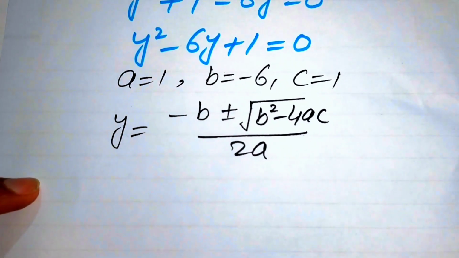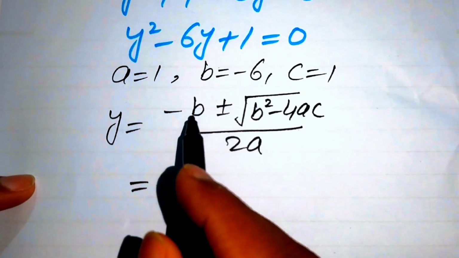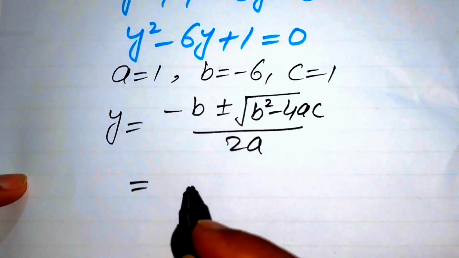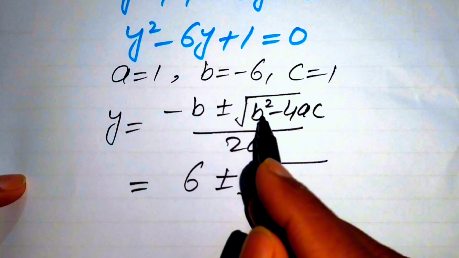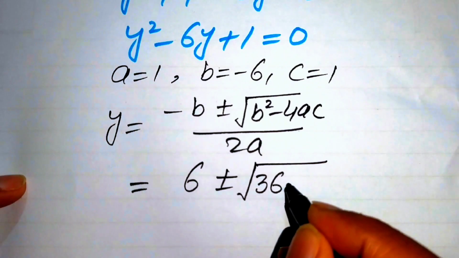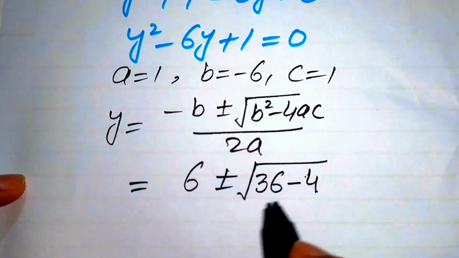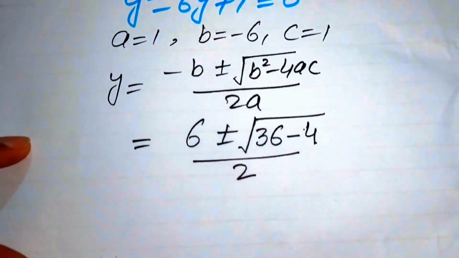So here we put all the values of a, b and c in this equation. The value of b is minus 6, so minus times minus becomes plus 6, plus minus square root of b square, so b is minus 6 and minus 6 square becomes 36, minus 4 times a and c, both are 1, so we write it as 4, and it is divided by 2.